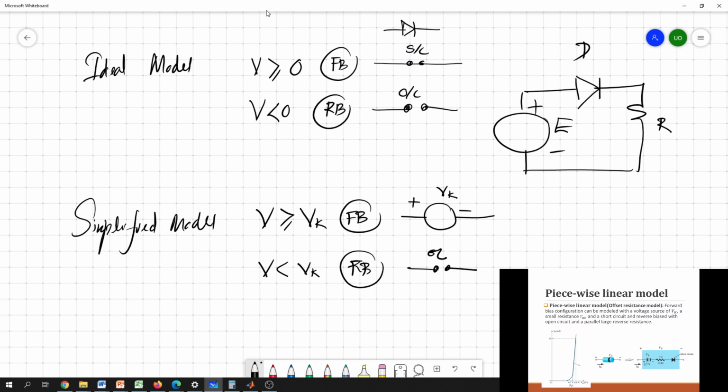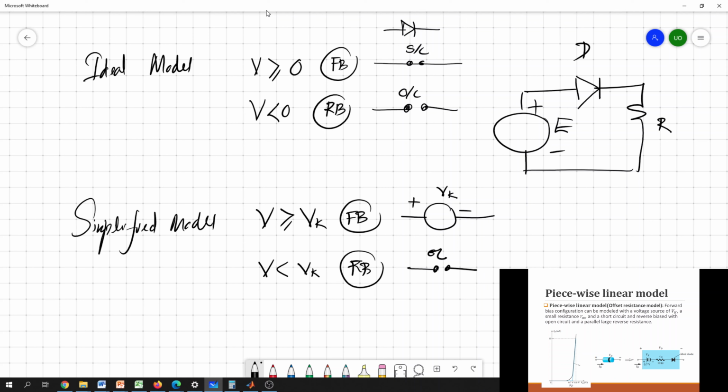But if you have diodes, first you have to stick to a model, then replace the diode with the appropriate element, depending on whether it's forward or reverse bias. Then you can do the analysis.